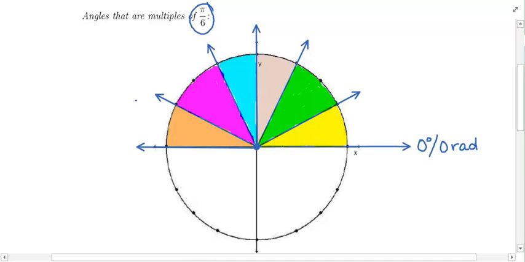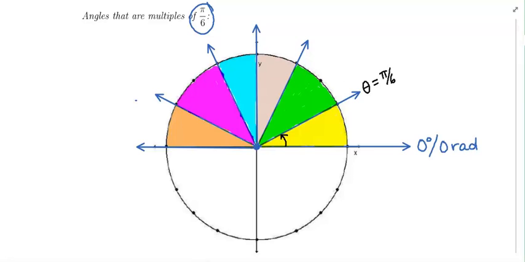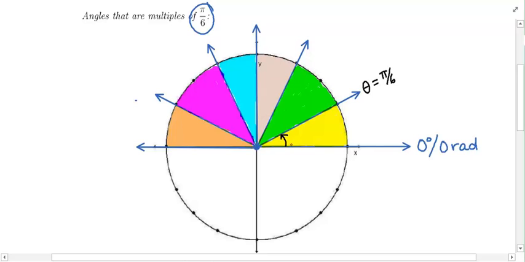Here's our first rotation. We are going to rotate this direction pi over 6 radians, so this angle is going to be pi over 6. Then for the next angle, we start with our initial side and rotate 1 pi over 6, 2 pi over 6 to reach this particular terminal side.